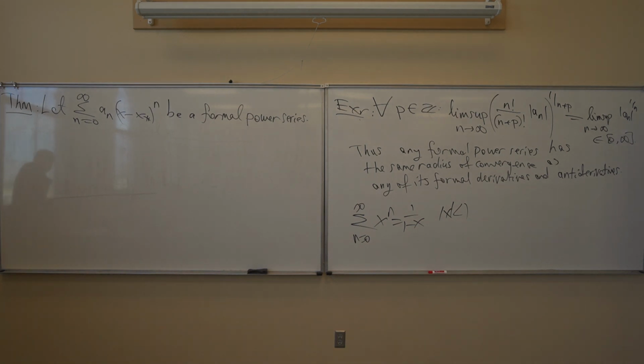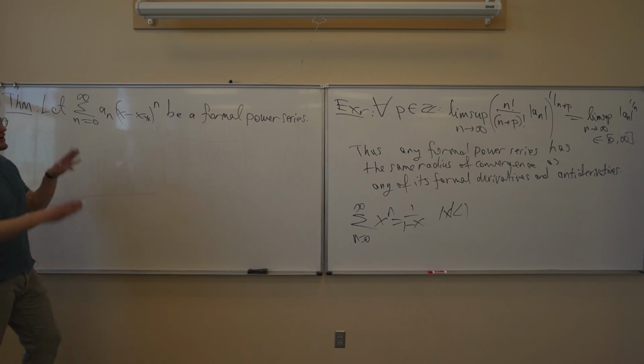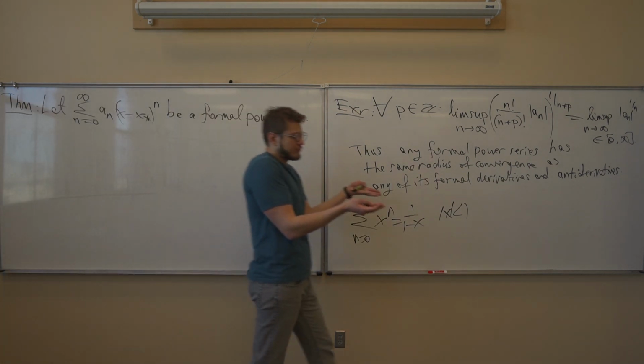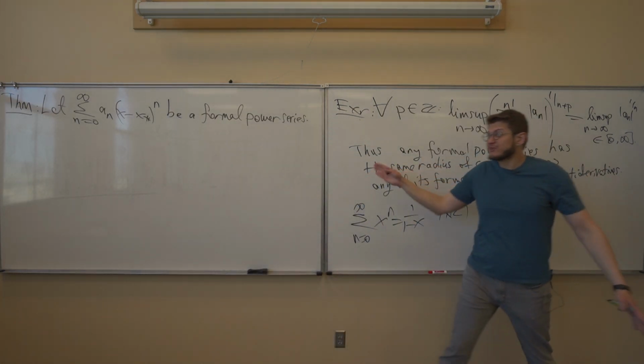Let me define I, the interval, to be x star minus the radius of convergence, all the way up to x star plus the radius of convergence, which might, of course, be empty if the radius of convergence is 0, in which case the theorem doesn't say anything.